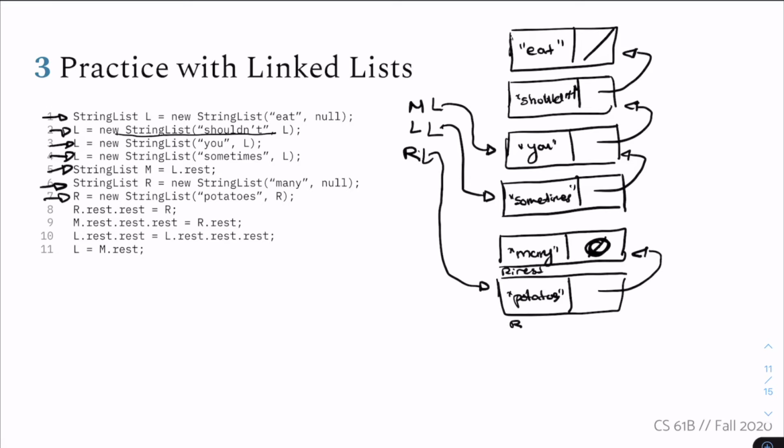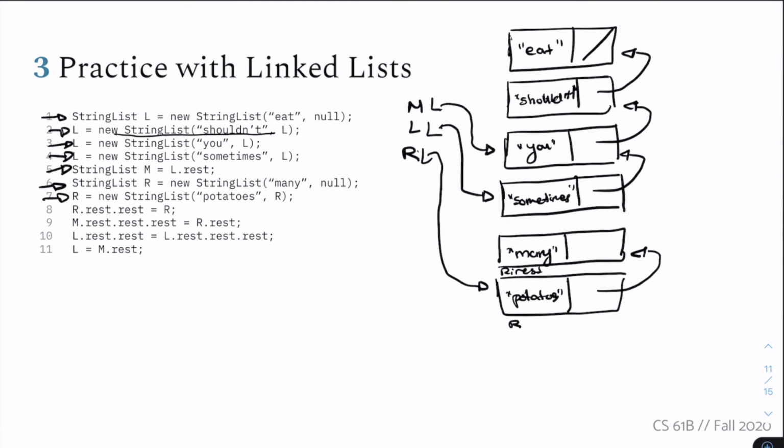We're changing the value of r.rest, and so we're changing it to be equal to r. So we're copying over the memory address from r over into there. So, like we've done so many times today already, what this means is that this now points at the same thing that r points at. This is a weird cyclic linked list. Okay, great. We've done that.